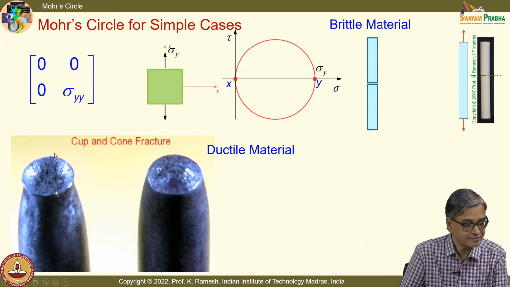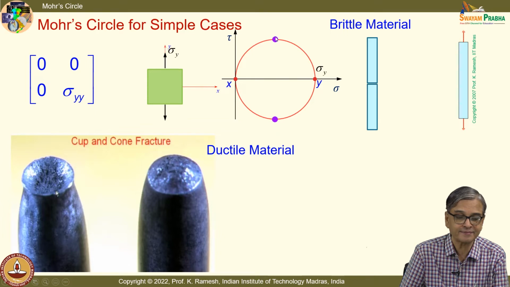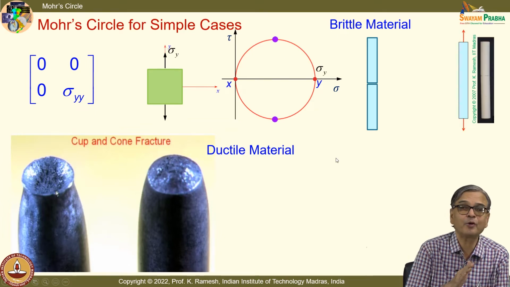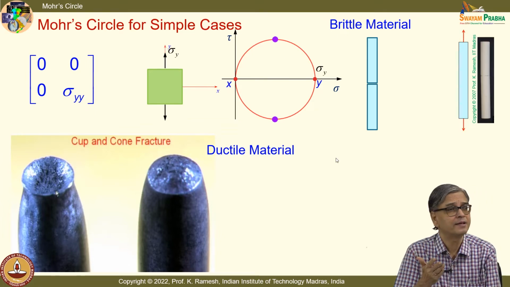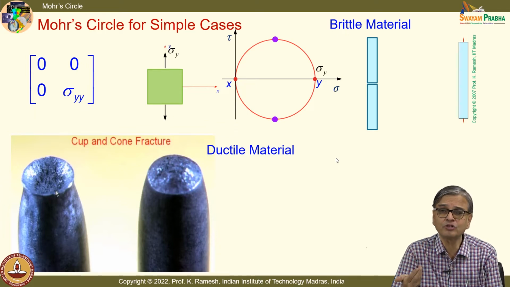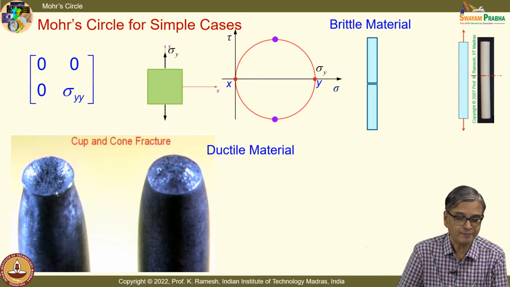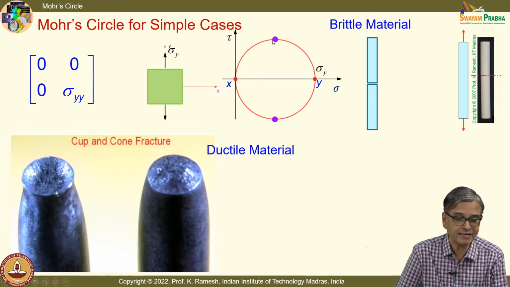I have this as a cup and cone, and I have also identified from our earlier knowledge what are these points. They are the points that have the maximum shear, and from the Mohr circle, how much they are separated from the y plane. From the y plane, it is at 90 degrees on the Mohr circle.